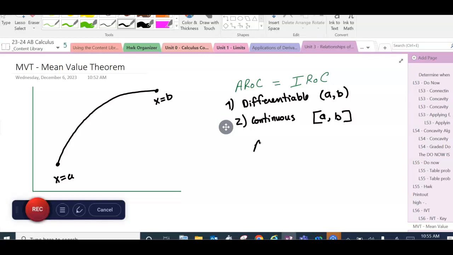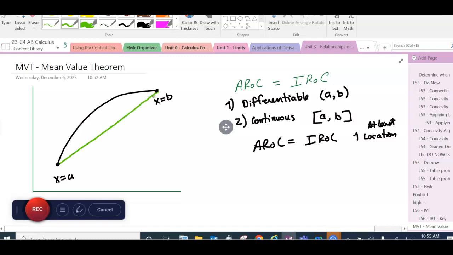So those are the two things that must be true. If those are true, then AROC must equal IROC in at least one location on those intervals. So I'll demonstrate it graphically. The average rate of change would just be the slope between those 2 points. So we would say f of b minus f of a all over b minus a.